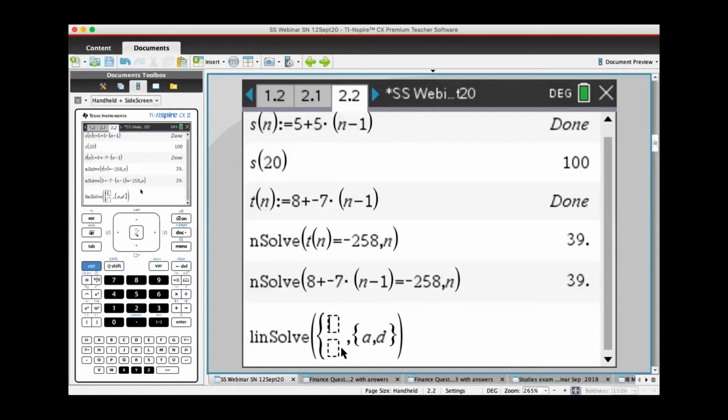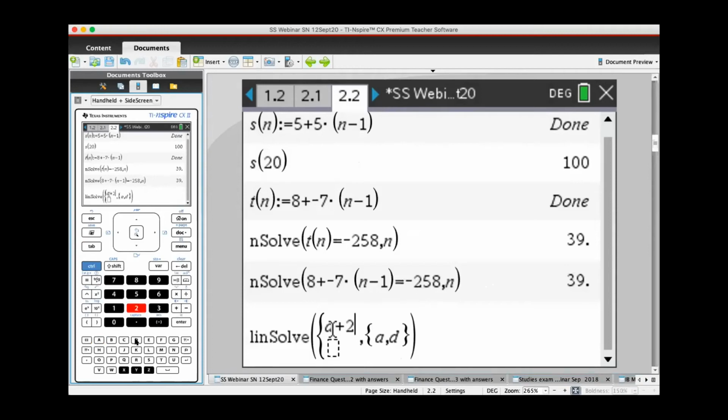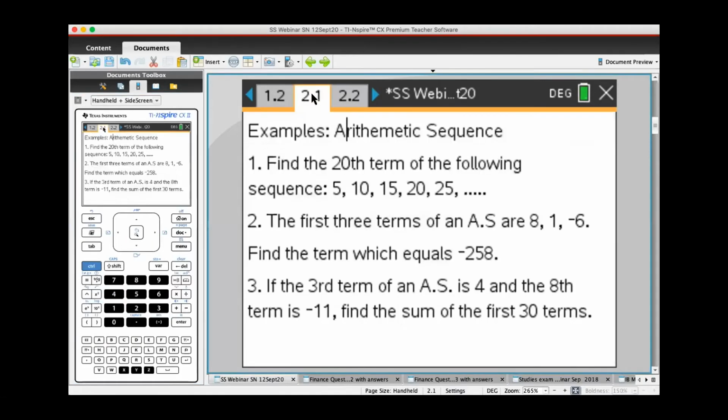Now, if you see here, I've got a system of equations. All I have to do, it was the third term. So it was A plus 2D equals 4, I believe. It was 4, right? I can go down and write. So I just want to make sure I read it correctly. So the third term is 4, and the eighth term will have 7 differences added to the first term.